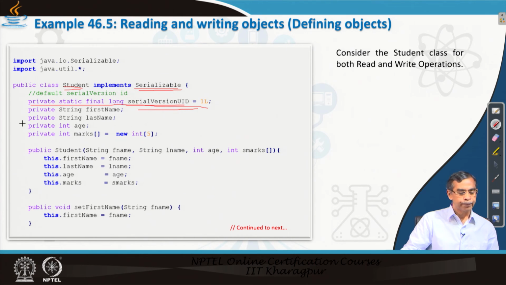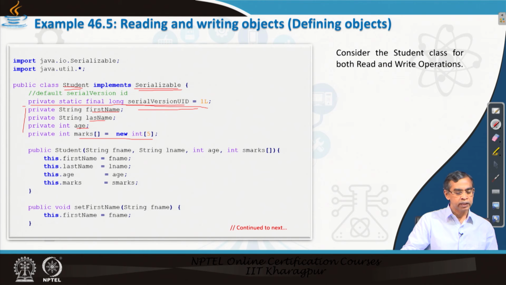But it is not a field for your actual student object. The Student class has the following fields: first name and last name as strings, an integer age, and an integer marks. These are the marks obtained by the student in 5 different subjects.